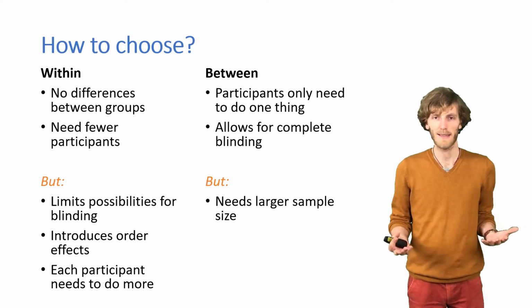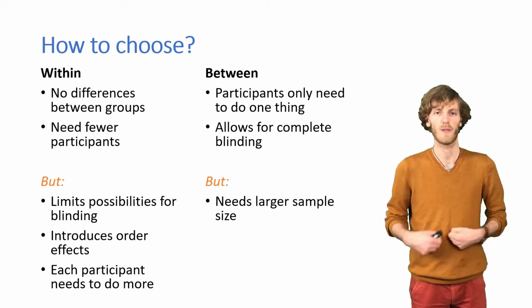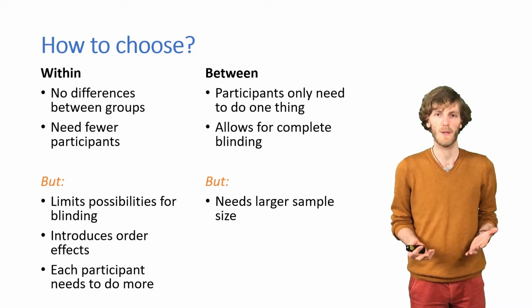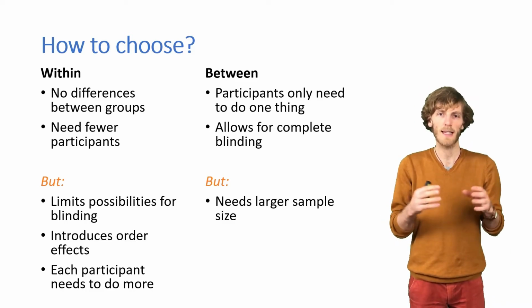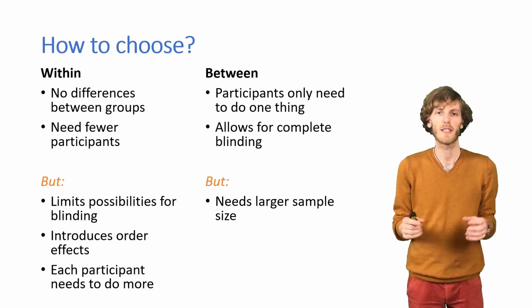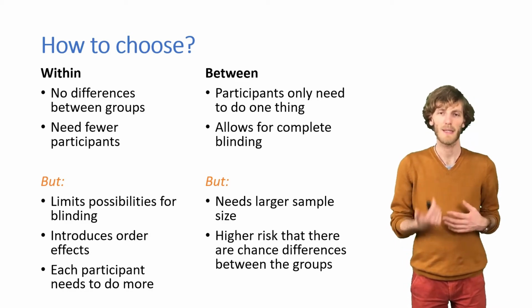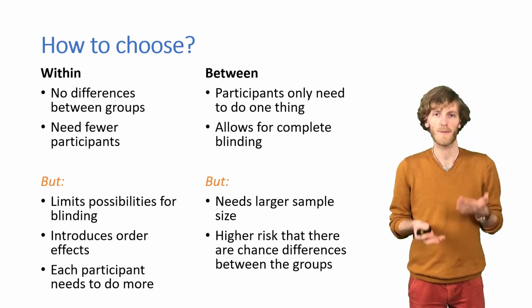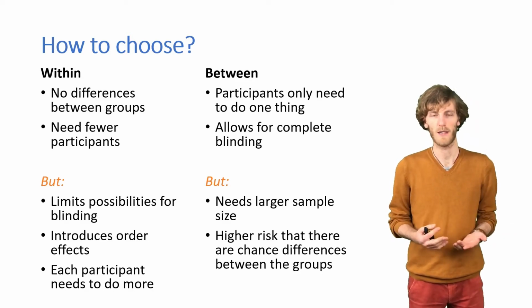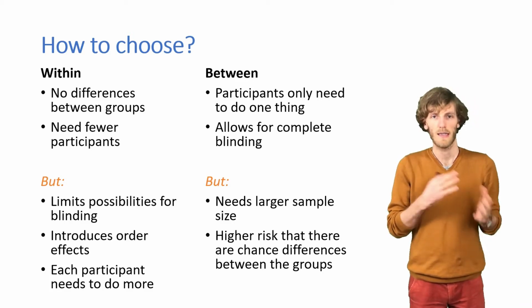It needs to be at least twice as large because each participant contributes only one rather than two data points. But because there are now more differences between the groups, it needs to be even more than twice as large. And then we still have a higher risk that random variations between the two groups distort our results.